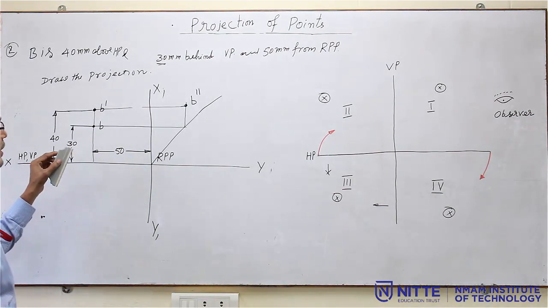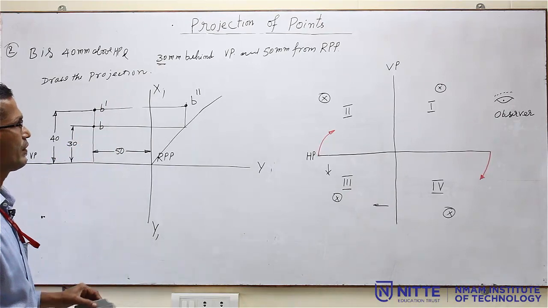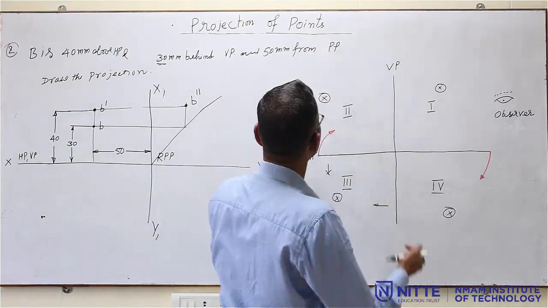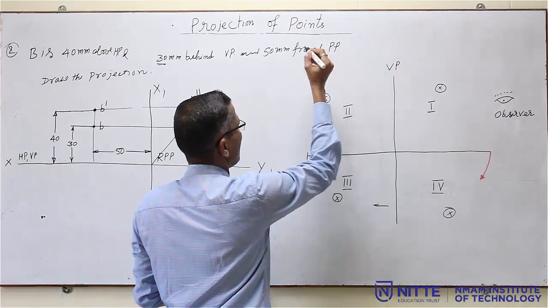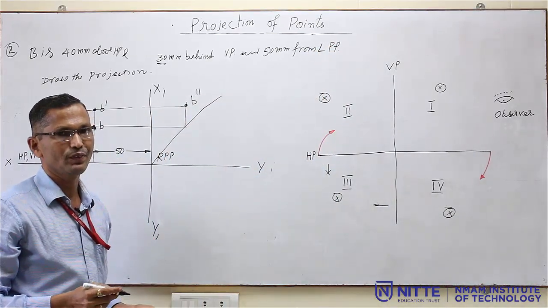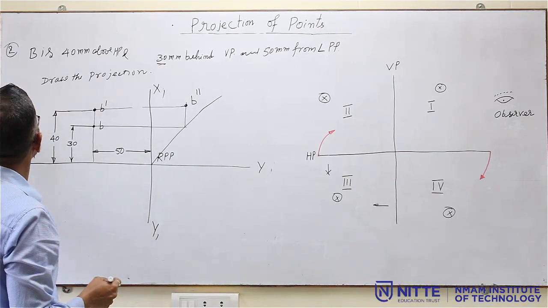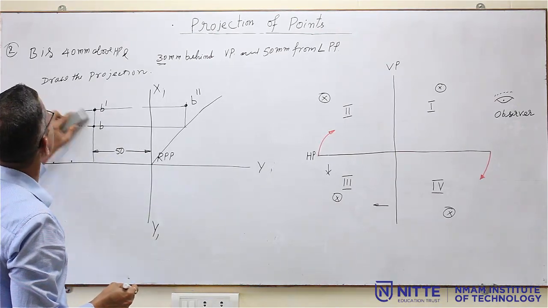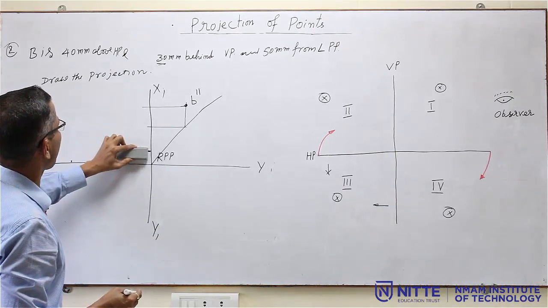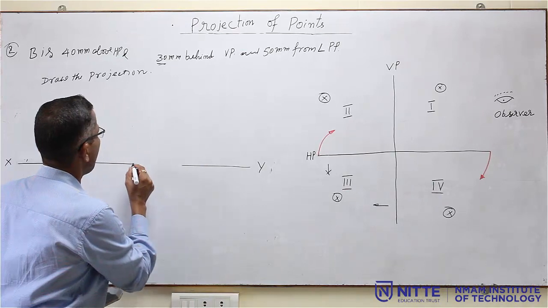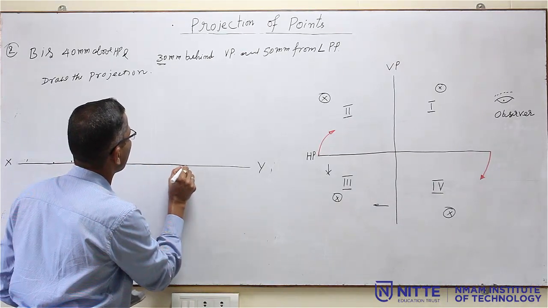Now, I will solve it if it is given as LPP, left profile plane, instead of RPP. What changes do you have to make? Now, the drawing procedure will change. The quadrant is second only, but they mentioned that it is the left profile plane, to the left of you.